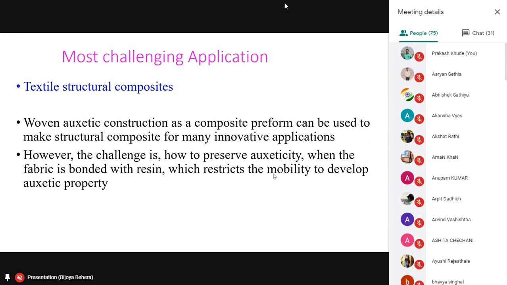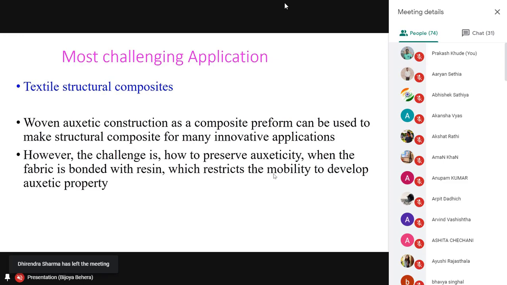Woven auxetic construction as a composite preform can be used to make structural composites for many innovative applications. The only challenge in this case, why it is written here as challenge, is that once the woven preform is ready by weaving, then in composite manufacturing, we try to impregnate some resin.